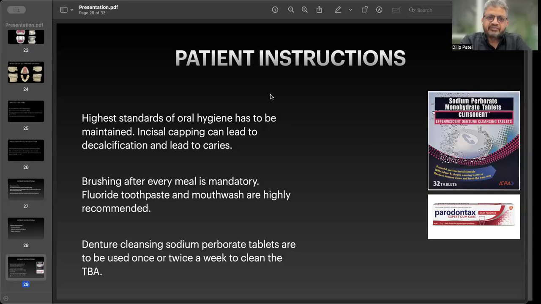Brushing after every meal is mandatory. Fluoride toothpaste or mouthwash is highly recommended. For denture cleaning, sodium perborate tablets are to be used once or twice a week to clean the twin block appliance.